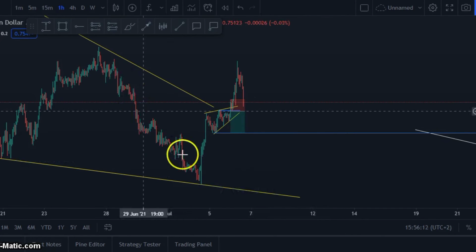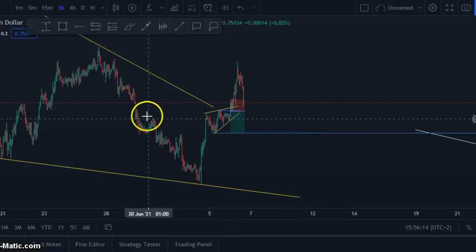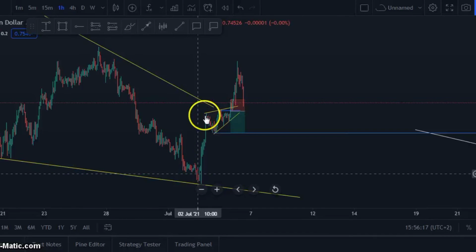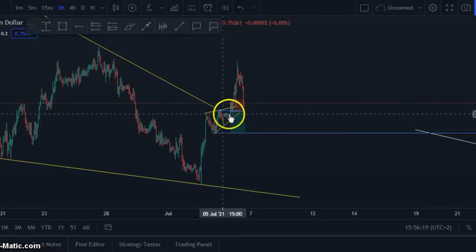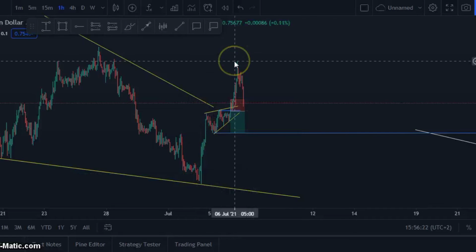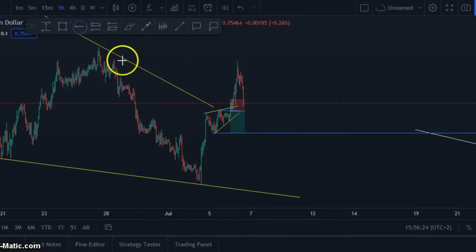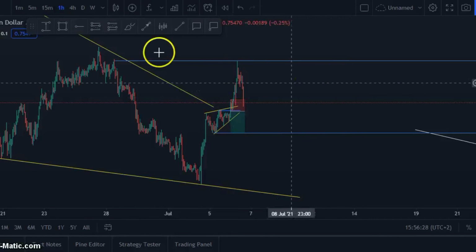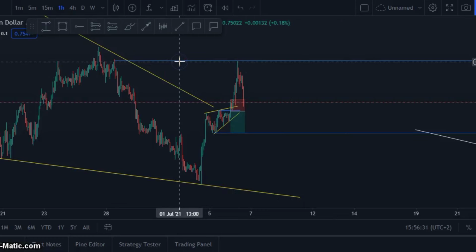But in this case, you can see that once again, as I said in the previous one, the market moved down correctively, impulsed up. We have this corrective pattern here, and then it gave that impulse up. So if you look there, it's basically the exact same pattern structure of what happened.